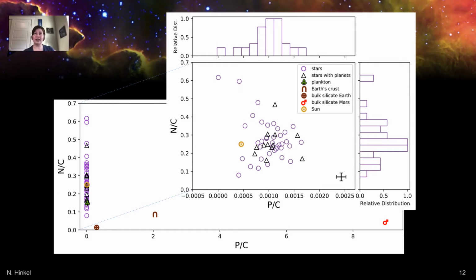So we're only looking at 50 stars, and so that makes it difficult to outline plausible ranges and generalizations for phosphorus abundances within nearby stars, especially those stars that have exoplanets orbiting them. However, the interesting thing that we noted while looking at all these different kinds of plots is that the Sun might not be a typical star in terms of its composition.